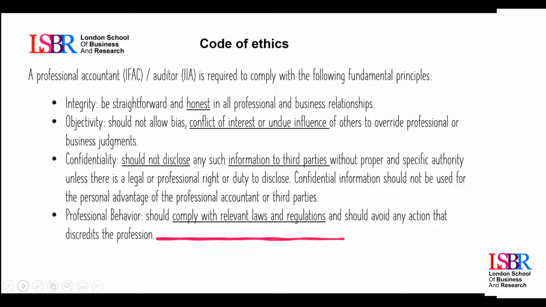And basically, a code of ethics is how the behavior of a professional should be. So in the case of accountants or in the case of the auditor, we have 4 important areas or 4 important elements. One is integrity. Basically, the auditor needs to be honest.